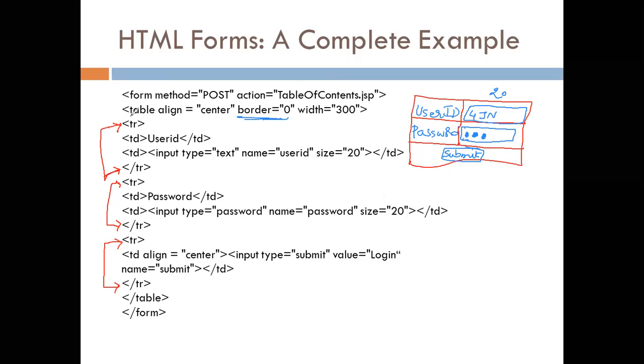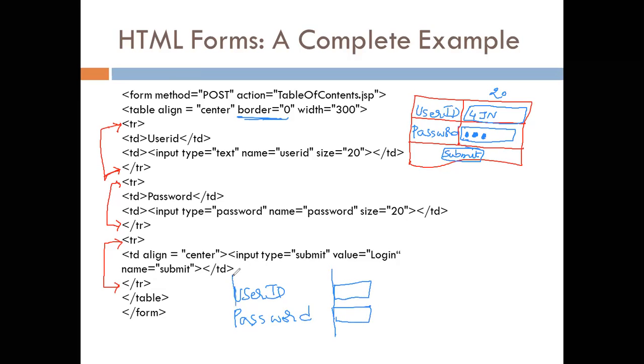And the table is used because of this alignment, so row wise and column wise alignment. If you observe here, user ID takes less space, whereas password takes more characters, but both of them will start here itself in the same line, like this.